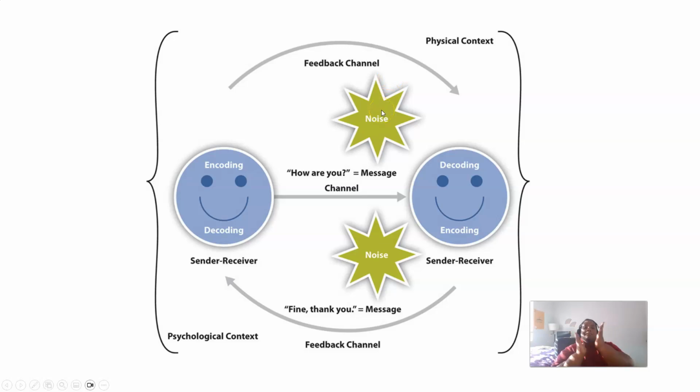But sometimes you might have physical noise. So clapping is the best way I can do that in this context. So you might have physical noise, maybe a siren, maybe you're trying to talk in a crowded room and it's impeding on conversation. But you also have that psychological noise. So for example, maybe you're in class in the morning and you're hungry and you're sleepy and you're doing your best to pay attention to the instructor, but your physiological state is that noise, that interrupter that is impeding on you absorbing information.